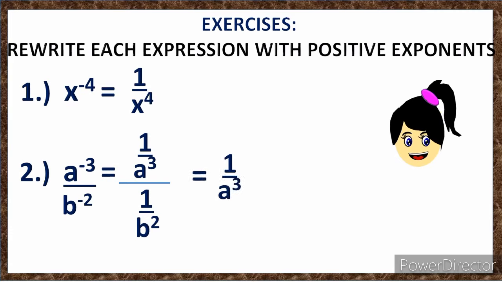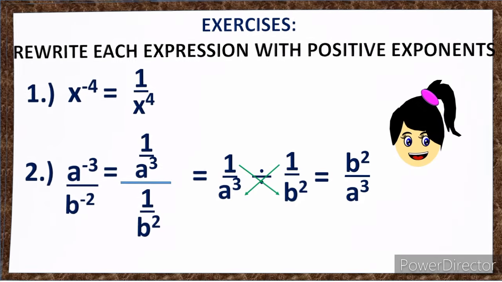Okay, then it is equal to 1 over a raised to 3 divided by 1 over b squared. Okay, so if we divide fractions, we cross multiply. So 1 times b squared and 1 times a cubed. Then it's equal to b squared and a cubed. Therefore, we have b squared over a cubed.